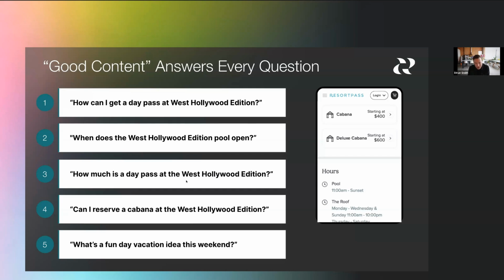I think there's also a pretty big competitive advantage. A lot of what SEO people do is go through hundreds of keywords for West Hollywood Edition and then summarize the themes. That's very hard to do at scale. Then it becomes even harder, because rather than summarizing hundreds of keywords, you're summarizing thousands of questions.